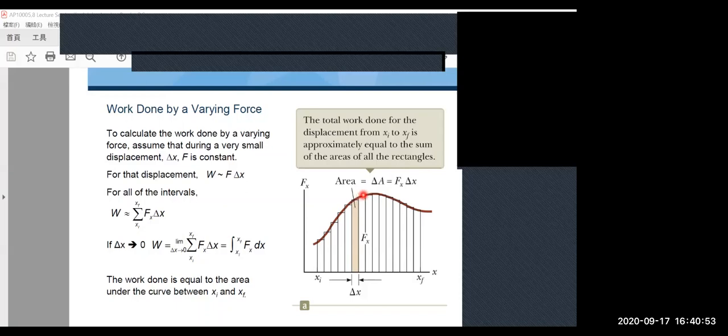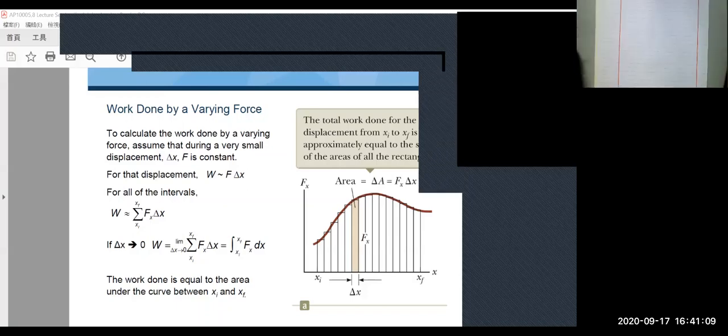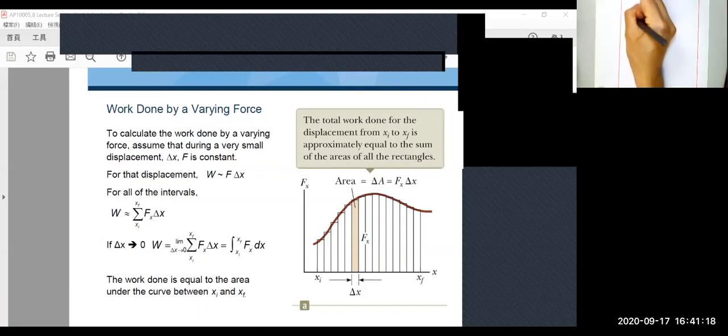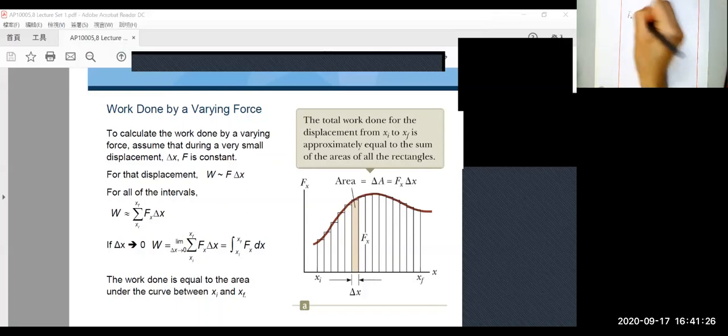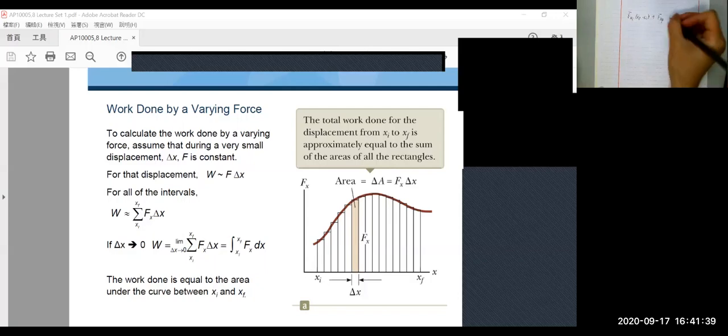And then you have to calculate the work done using another force. So in a certain sense, if you look at my writing, it would be Fx at xi, which corresponds to the force at the location xi, times xf minus xi, plus Fxf, the force at the second location, times x f2 minus xf, because it has moved from xf to xf2, and so on.